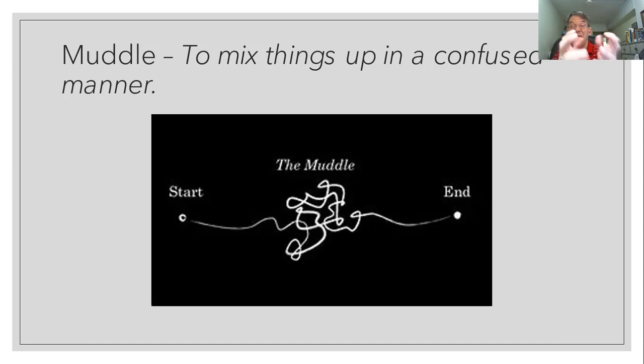Well, this mess in the middle is called the muddle. And sometimes British people will use muddle as a verb. For example, they will say, well, we will muddle our way through this, meaning it's going to be messy, but we will work our way through this messy situation.